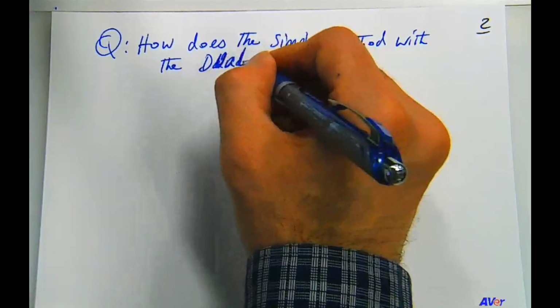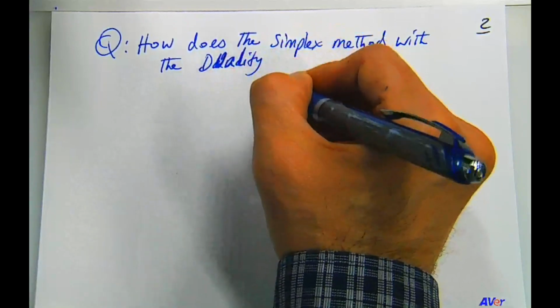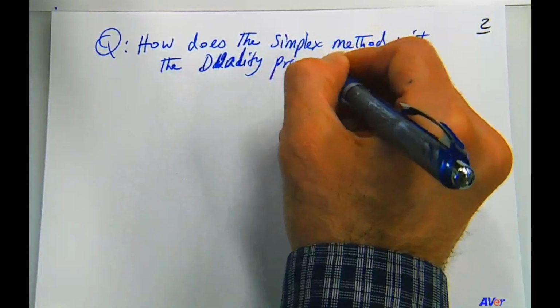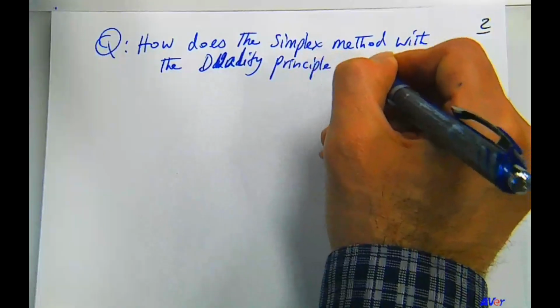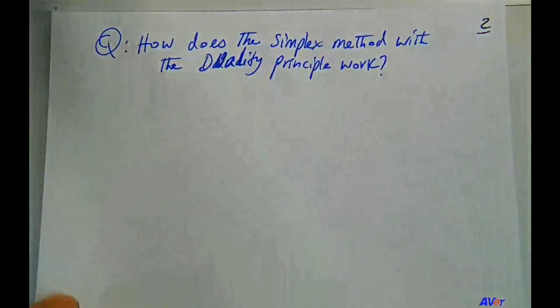With the duality principle, how does this method work?